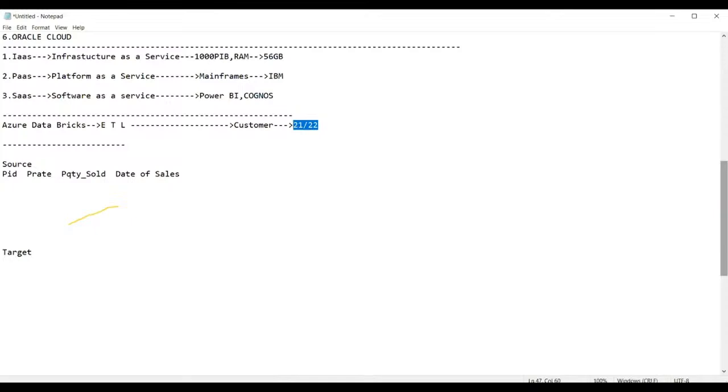So guys, to answer this query and report it to the customer, you require the source, consisting of the following information: product ID, product rate, product quantity sold, date of sales.